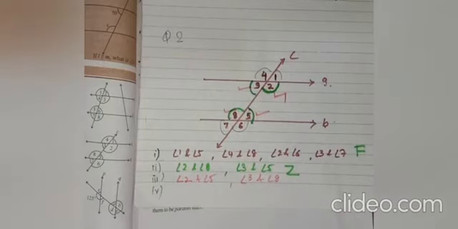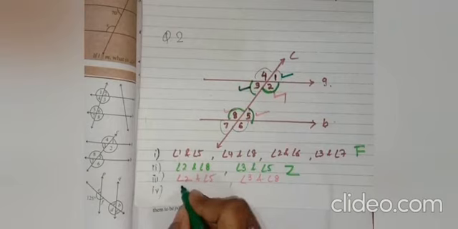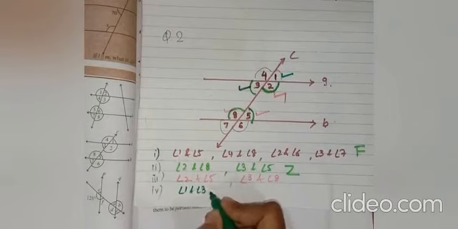Okay. Next, question number 4 is the vertically opposite angles that form the X shapes. So which are there? Vertically opposite angles, find out. So they are angle 1 and angle 3. Okay.